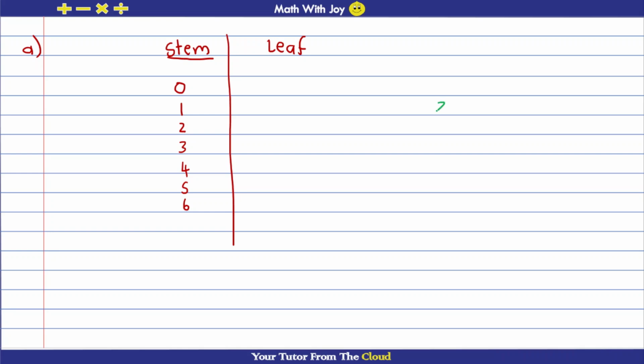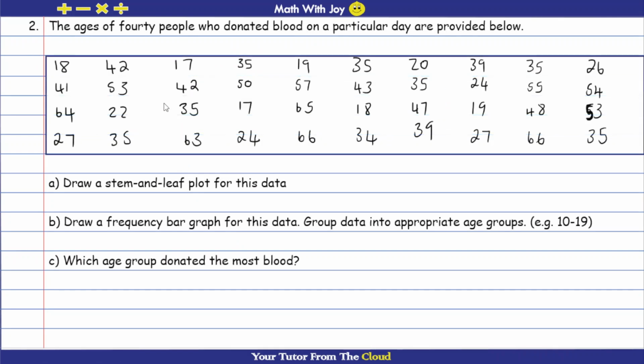So the stem of 18 is 1, and then we put the leaf of 8. The first digit goes to the stem and the second digit goes to the leaf. So when I read it as 1, 8, it's 18, not 8 but 18. Right, and then let's carry on and put in all the other values here.